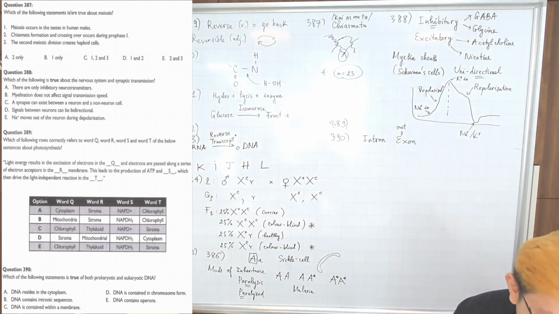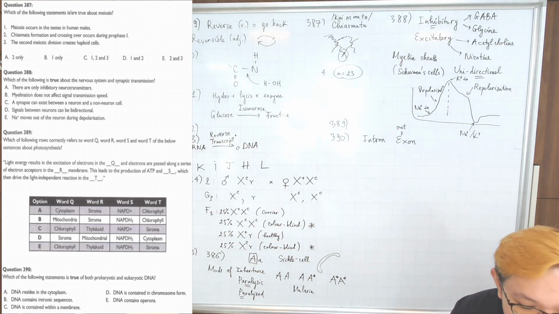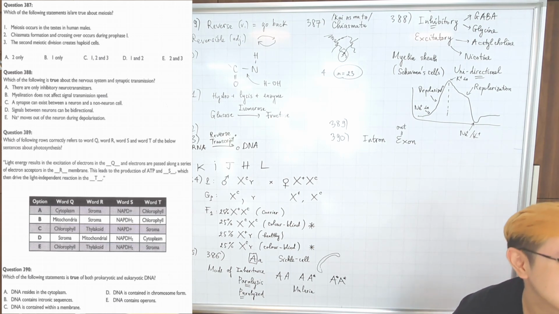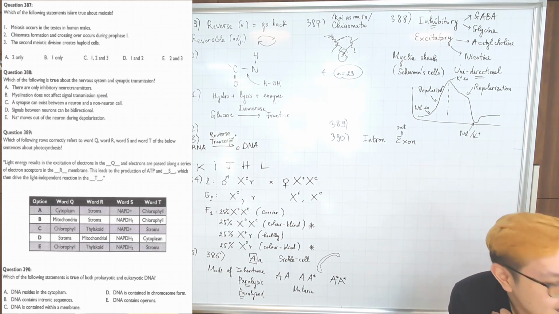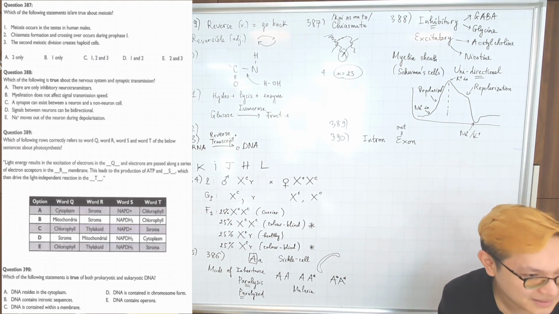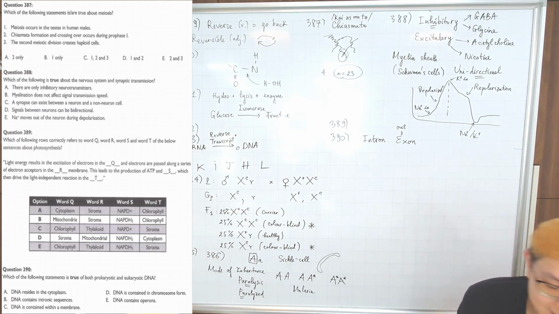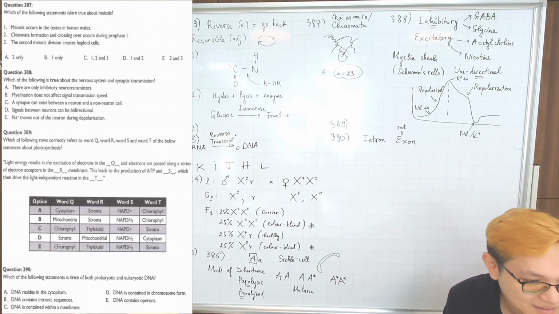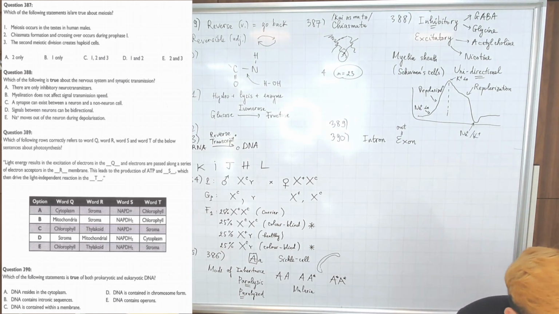Okay, D. DNA is contained in chromosome form. DNA được chứa trong định dạng chromosome. Chromosome is the more condensed structure of DNA, right? Chromosome, nhiễm sắc thể nó chỉ là một cái dạng đặc quánh, đặc hơn của DNA mà thôi. But does it exist in prokaryotic?